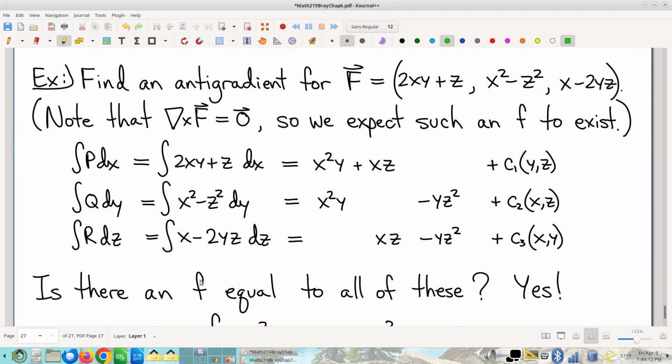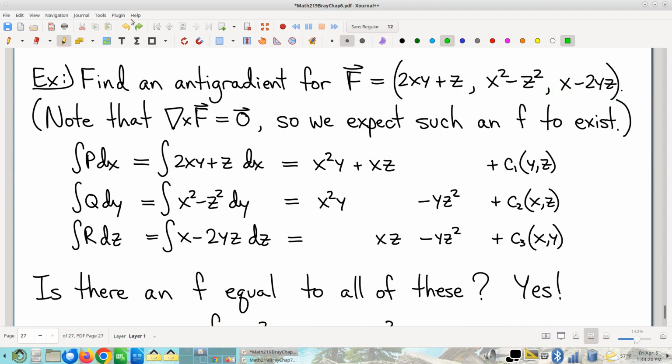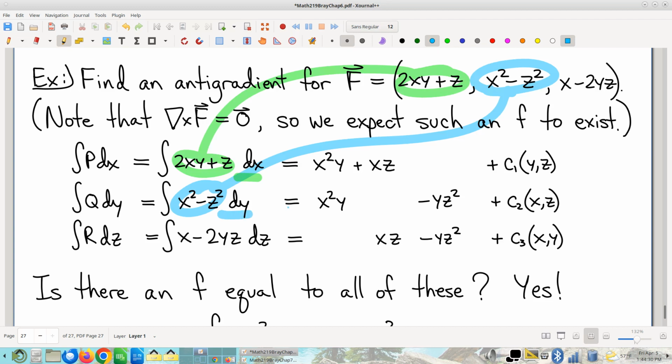Okay, so let's see this in action. Here is a vector field for which I want to find an anti-gradient. Let's apply the process that we just noted. I'm going to take my P and do an x antipartial. I'm going to take my Q and do a y antipartial. I'm going to take my R and do a z antipartial.